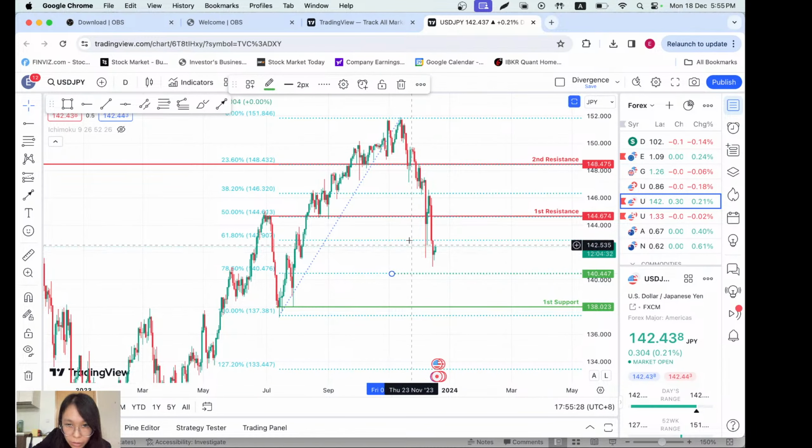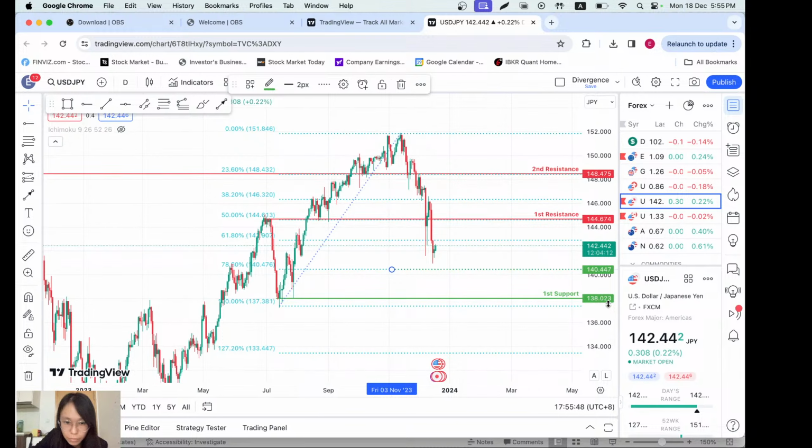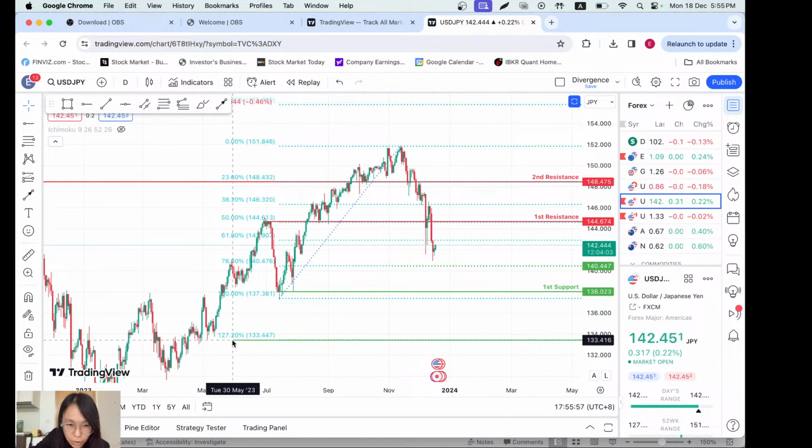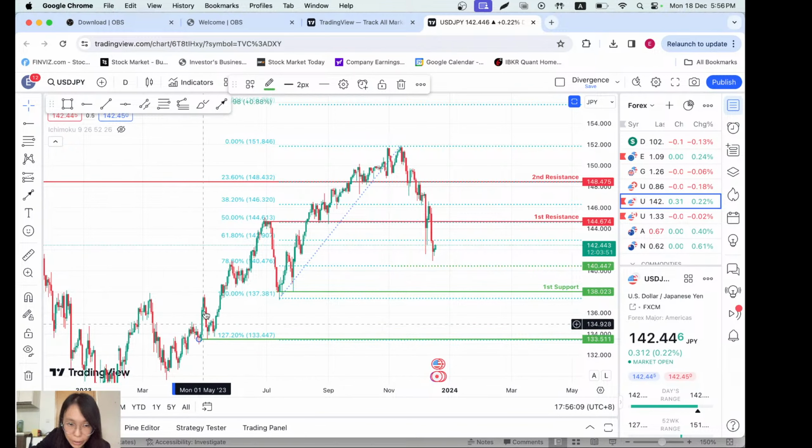Price is coming down, has breached the 61.8 support, and is going all the way down to the 78.6 retracement area. So this line acts as my immediate support. I could also move my second support line up, in line with the 127 extension here, so it can capture the pullback.